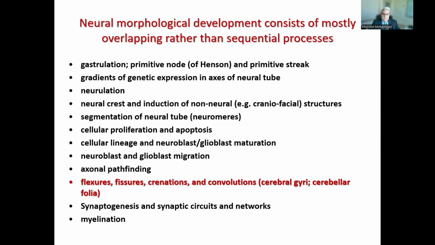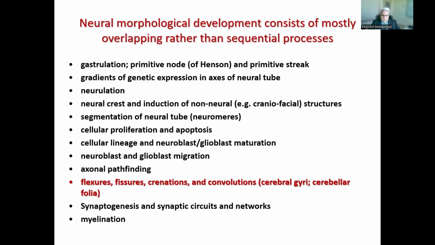And to begin with, there are a number of developmental processes that occur in development of the brain. And these often are listed numerically, but they really shouldn't be because they are processes which occur simultaneously in large part. There's a few that occur only early, such as gastrulation, and some that occur late in development, such as myelination.